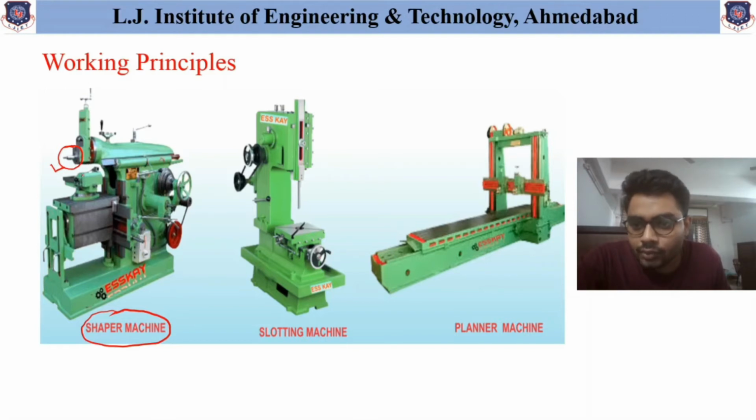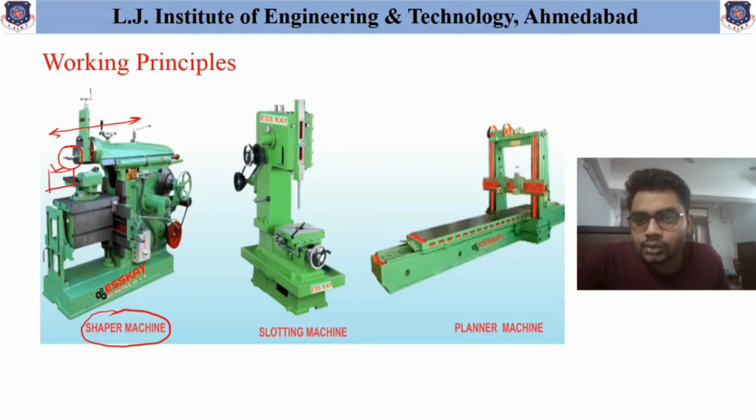For machining purposes, the workpiece is provided over here, and to remove the material, as we have discussed in our chapter 1, reciprocating motion, that is to and fro motion, is required to perform the machining operation.